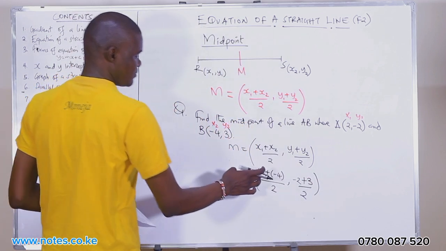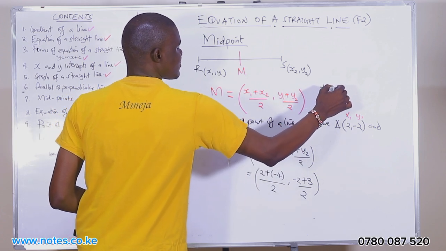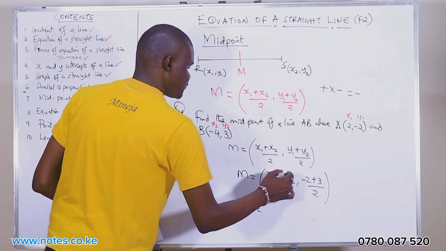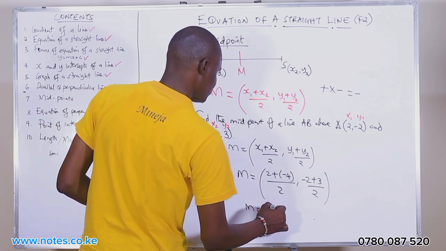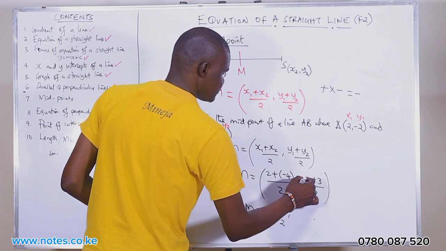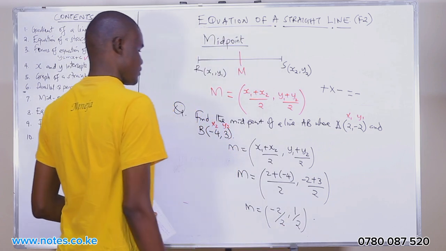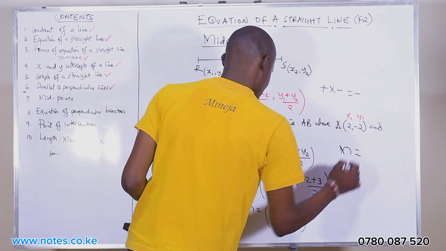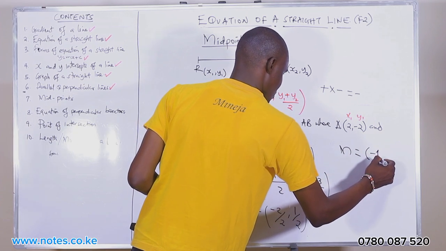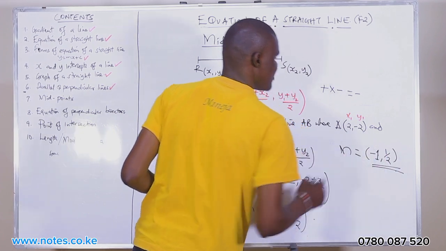A plus times a minus is equals to a minus. So our M therefore will be negative 2 over 2, comma, 1 over 2. So our M therefore will be negative 1, comma, a half. That becomes our midpoint.